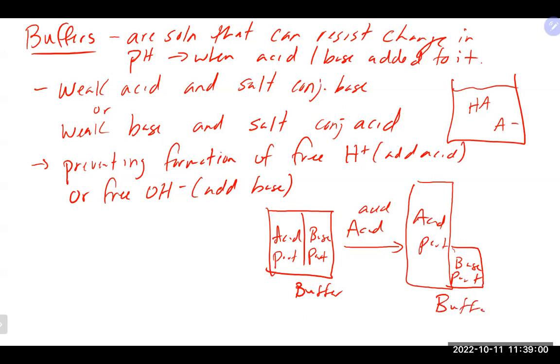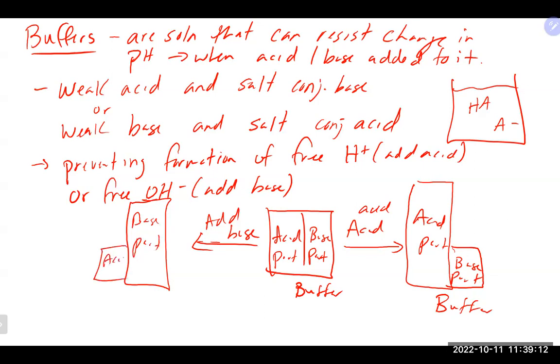And same thing here, if we add some base, we will use up some of the acid part and make some of the base part of the buffer. So one of the benefits and why a buffer can work over a good period of time is, even though you may be using a part of the buffer, you also are regenerating the other part of the buffer, and that allows it to basically maintain.